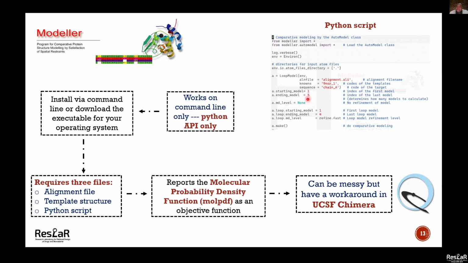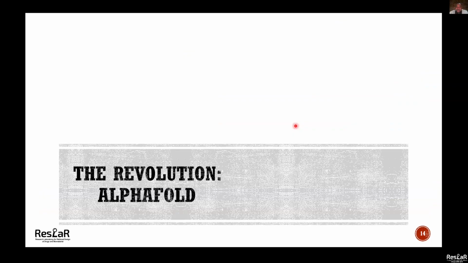Then you set the starting model to 1 and the ending model to 5, so it should generate at least 5 models and then do refinement. It's going to do refinement about 4 times for each model to find the most accurate prediction for your use. So, okay, that's that. Let's look at the revolution now.